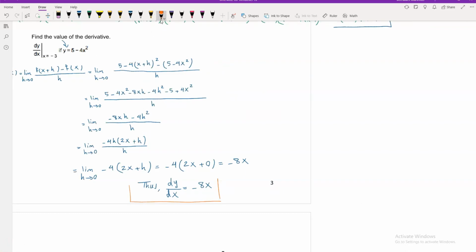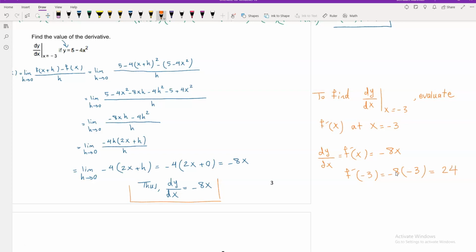Now we have to use x equal to -3 to find the final answer. So finding f prime of -3, that is equal to -8 times -3. So the final answer is 24.